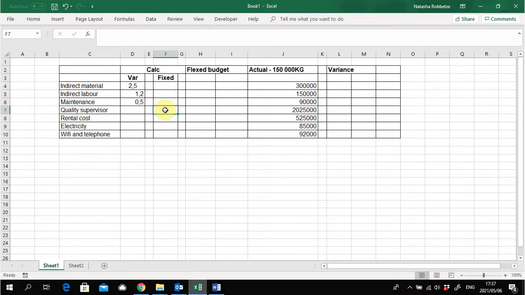In the instance of the supervisor and the rental cost, these were fixed costs. However, if we are busy with the flexed budget, we must fill in the same amount that they budgeted for in the two budgeted levels because it's a fixed cost and not related to budgetary outputs.